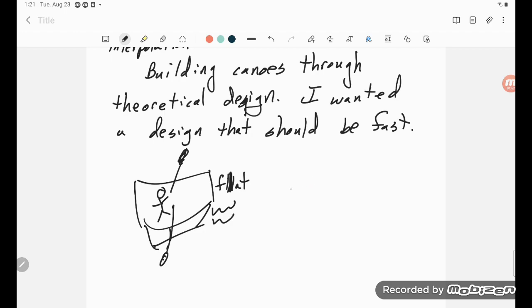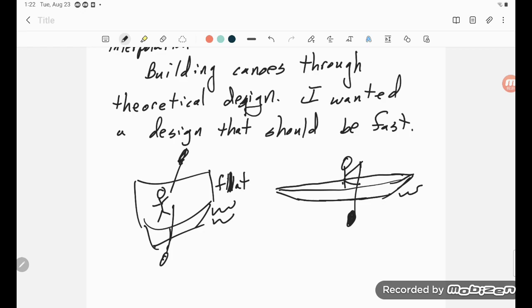Whereas, if you build some very narrow canoe with a really sleek design here, so I'm in here and I've got my paddle, and I'm paddling along.